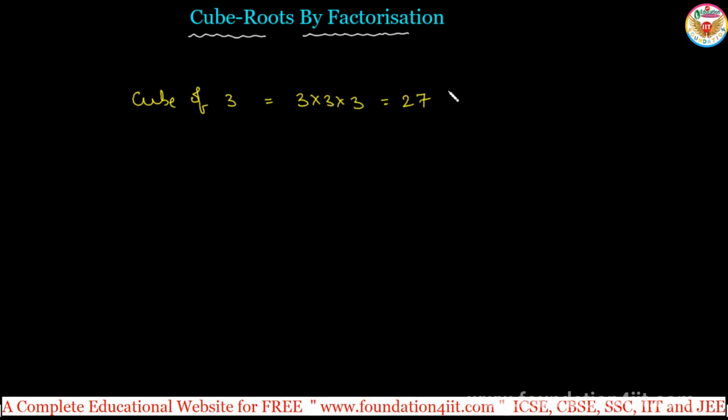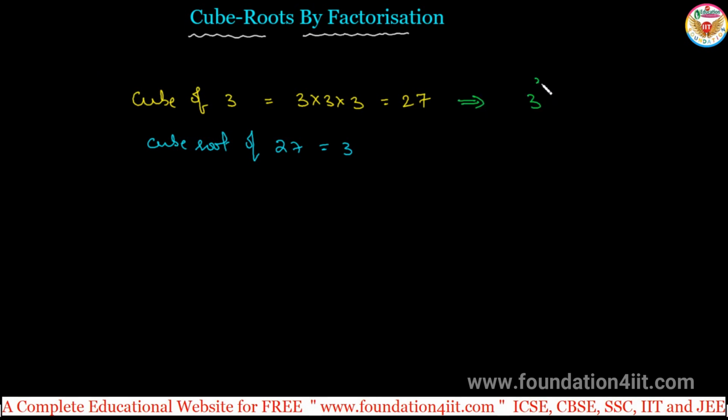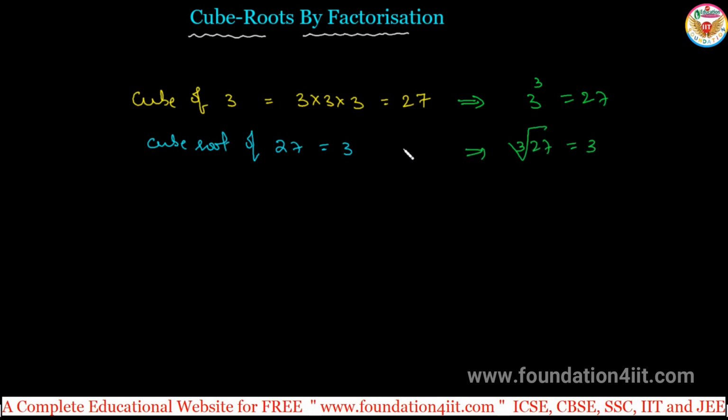So the cube of 3 is 27. Then the cube root of 27 is equal to 3. We can write the notation like this: 3 to the power 3 is 27, then the cube root of 27 is equal to 3.